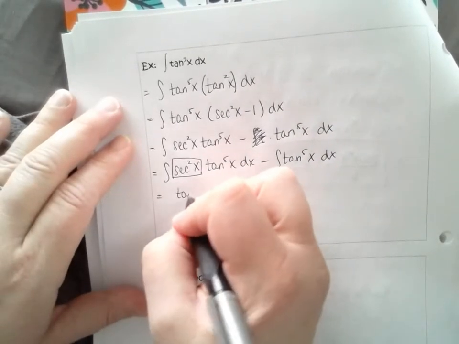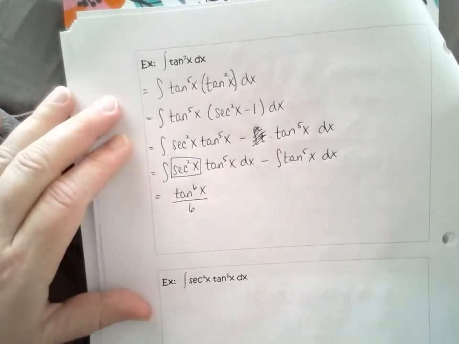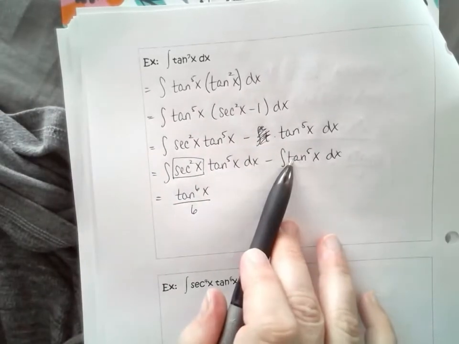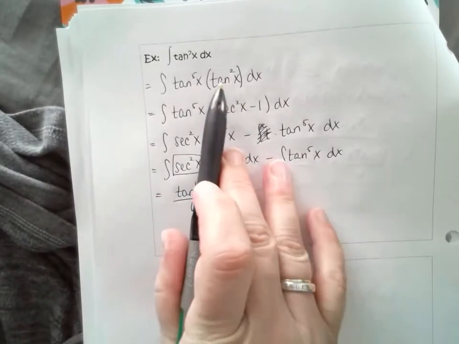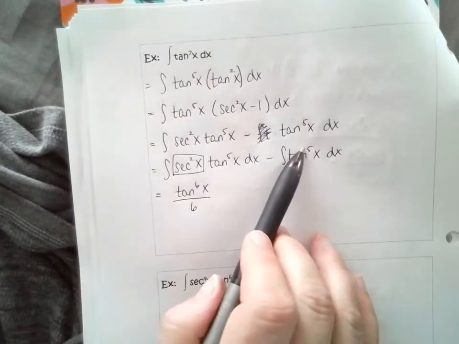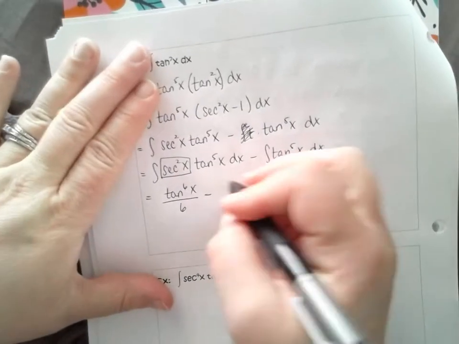This one is now tan to the 6th over 6. This one is not complete yet, but it's better off than when we started. So I'm going to do the same thing again.